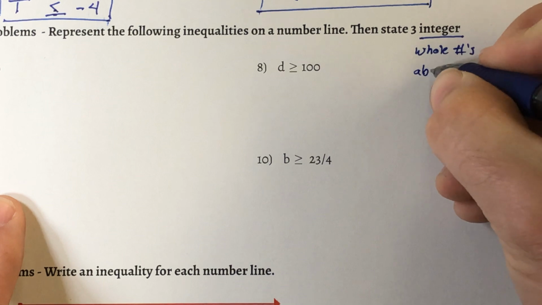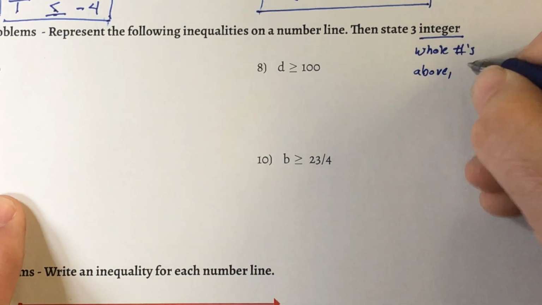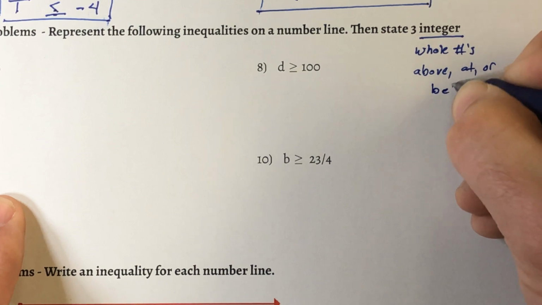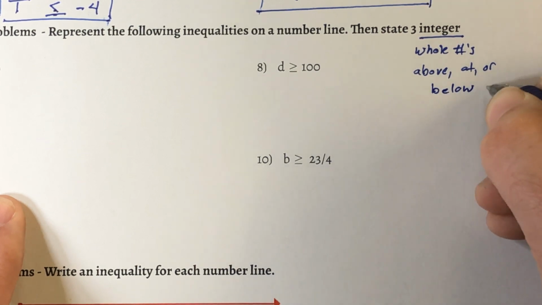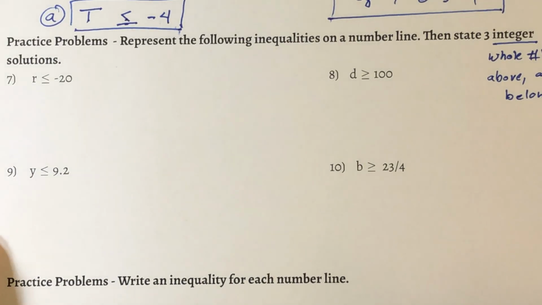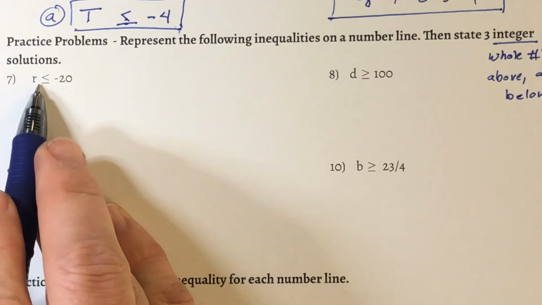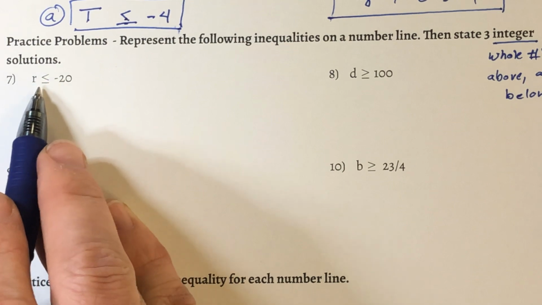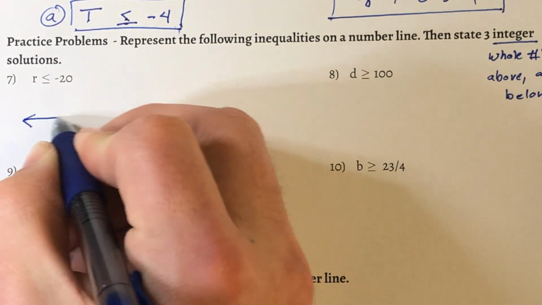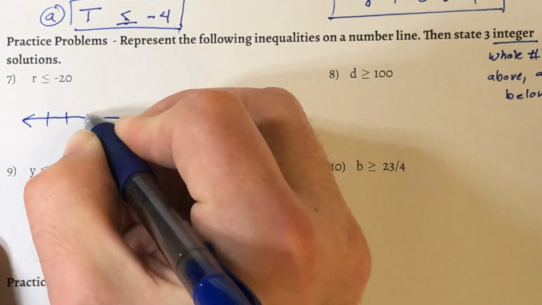above, at, or below 0. So, any whole numbers above 0, below 0, or essentially right at. All right, number 7. R is less than or equal to -20. So first, draw your number line that can fit about 5 numbers.